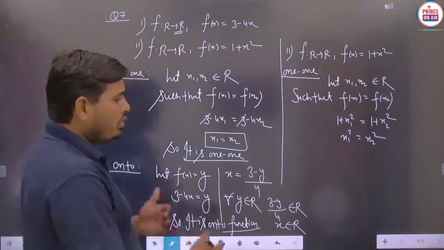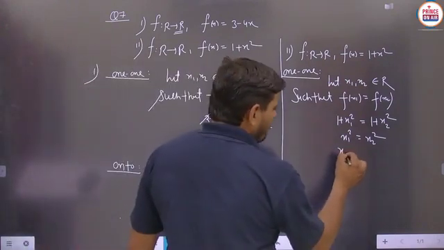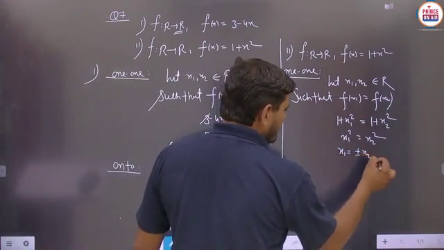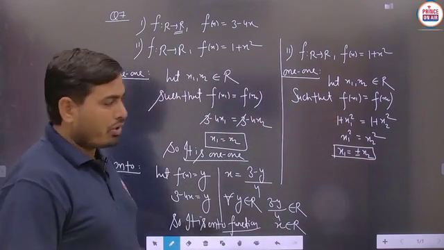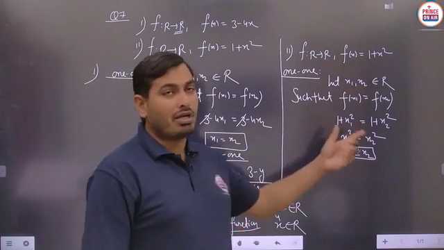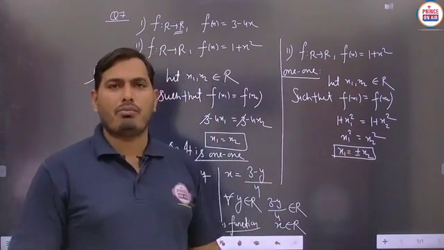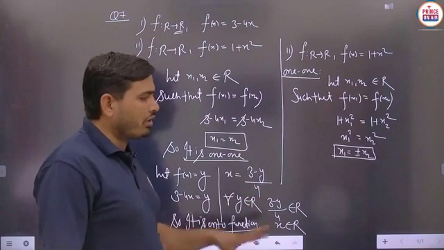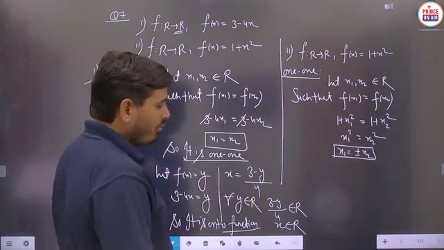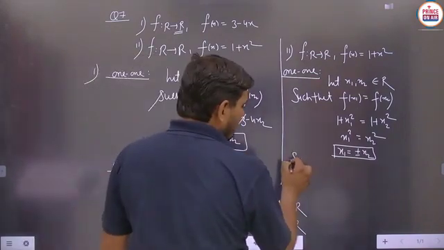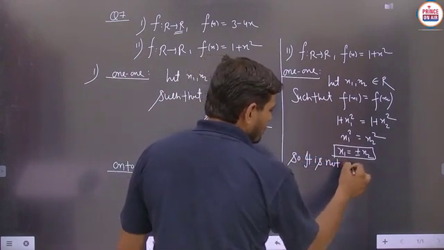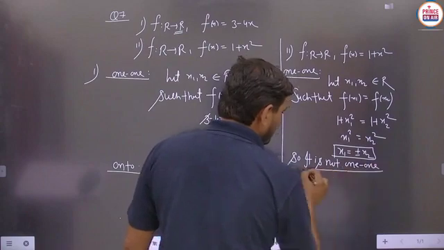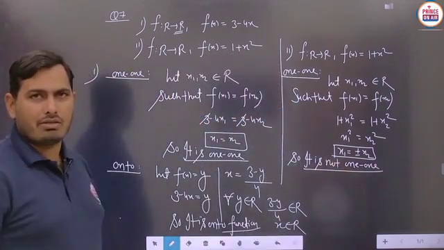Then whenever a square root is taken, for any real number we get the expression x1 equals plus or minus x2. Is it to be clear? Because here x1 and x2 are both real numbers, and a real number can be either positive or negative. That's why we have to take both the cases, plus or minus. And in this case, it is not one-one, which means this is the case of many-one, you can say. Is it to be clear?